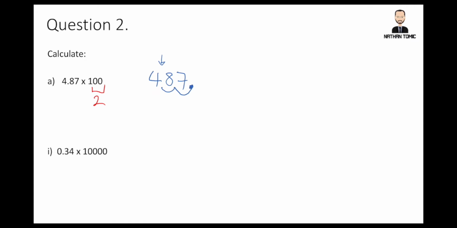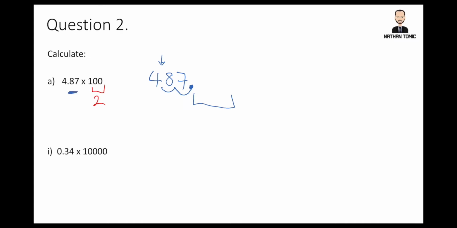Now, technically we have the number 487 now. We don't need to technically show a decimal part at the end. But one thing that we often talk about in maths questions is to keep the answer, unless you're told otherwise, in a similar format to the question. So in the question, we do have 2 decimal places being shown.